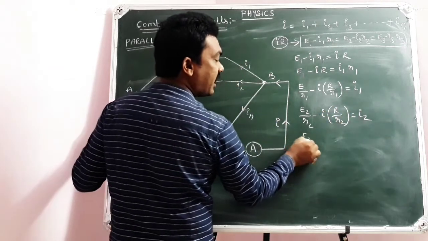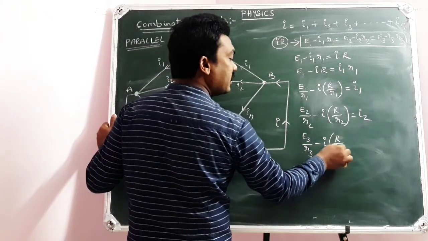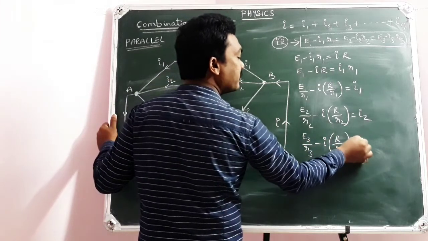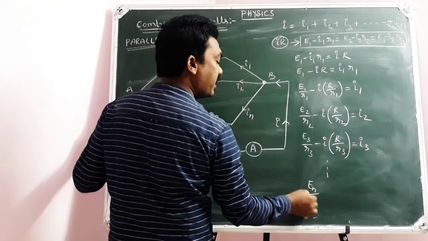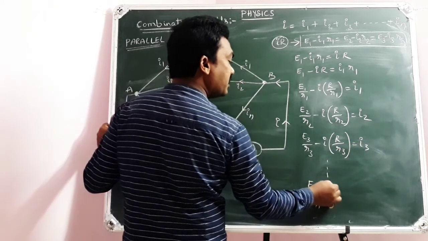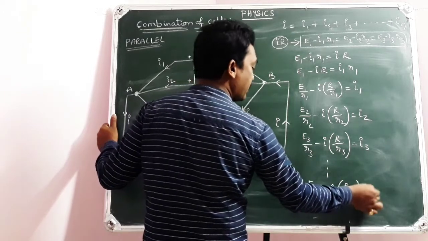Similarly, E3 by R3 minus I into R by R3 equal to I3. Going in that way, En by Rn minus I into R by Rn equal to In.